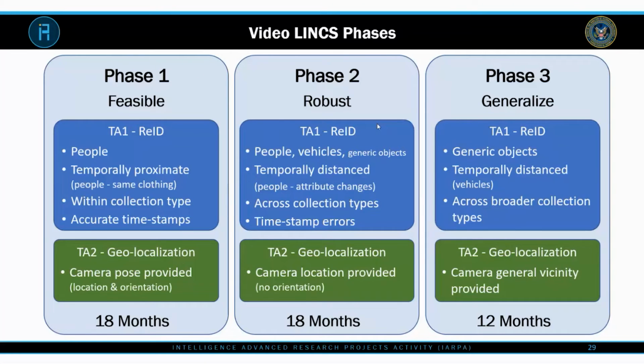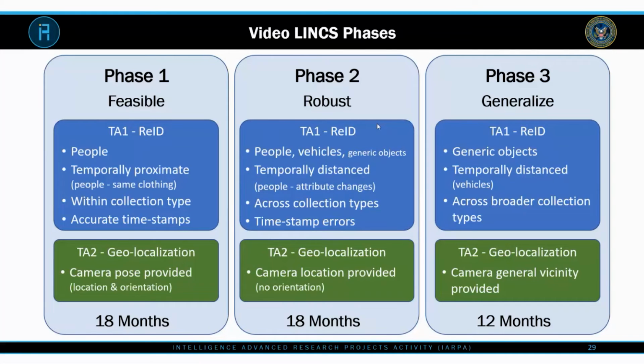In phase 2, we will extend re-ID to not only work with people, but also with vehicles. Generic objects will also be an objective, but as you see, it's in small print. And that small print is because that objective will be functionality in phase 2, but phase 3 is where that will be the primary focus for generic objects. Getting back to phase 2, when it comes to people, it will extend to cases where they are temporally distanced and those temporal attributes may change.